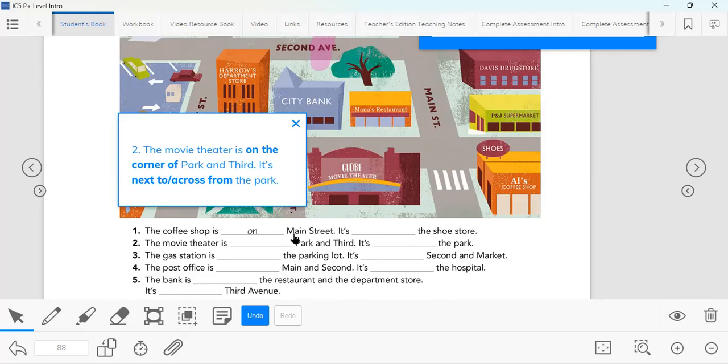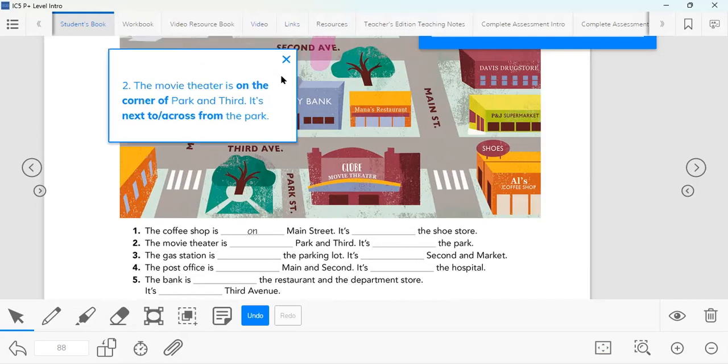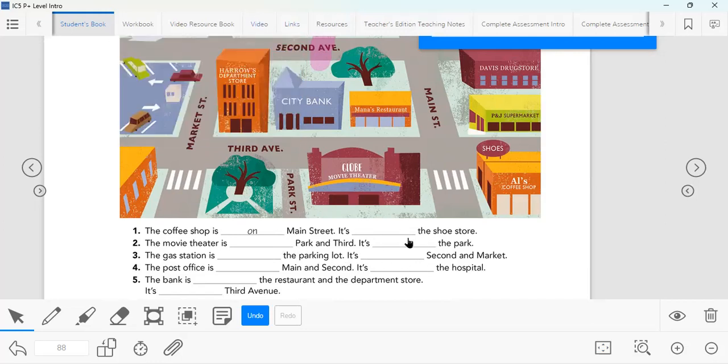Okay. So look at this. You have to be careful, okay? That is the correct expression. And it's across from the park. Another reference, the second reference. You see more than one reference.